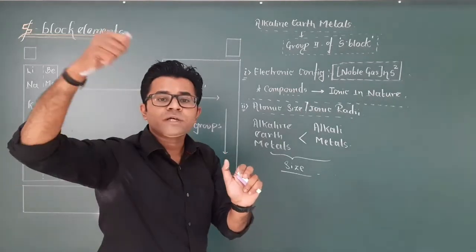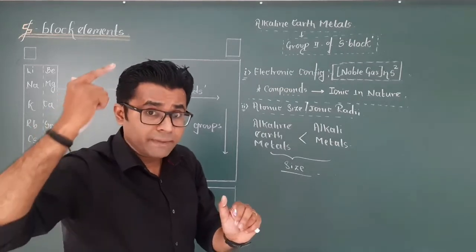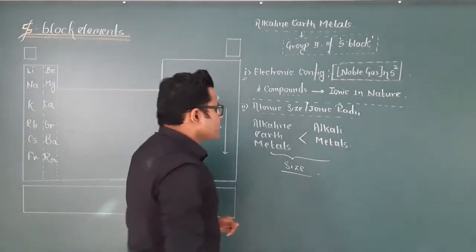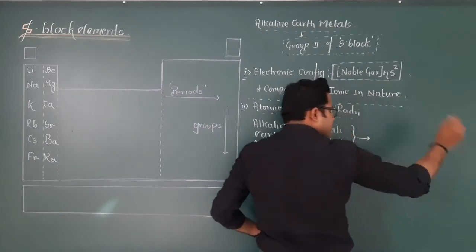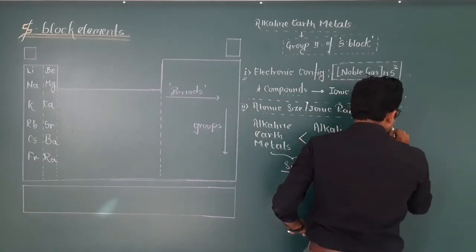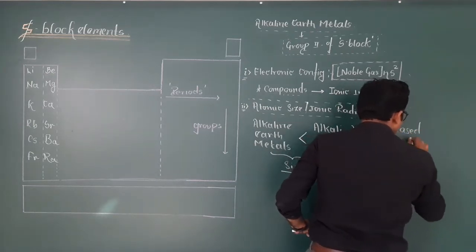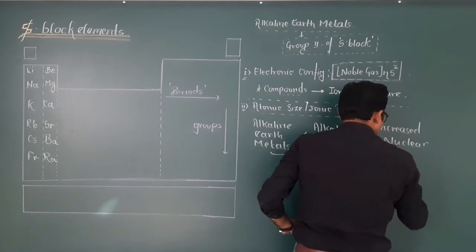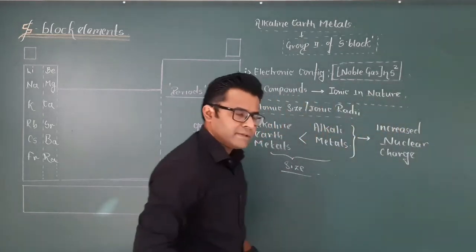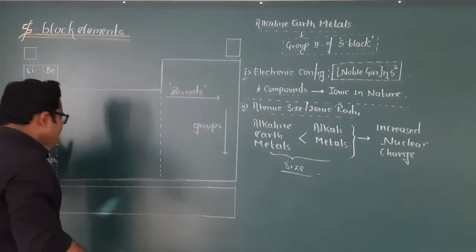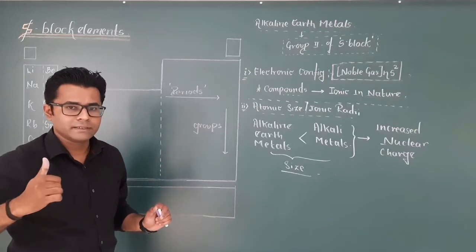The number of protons is greater, the number of electrons is greater, but the number of shells remains the same. So the reason is the increased nuclear charge. Due to this, these elements will have smaller sizes compared to the alkali metals.